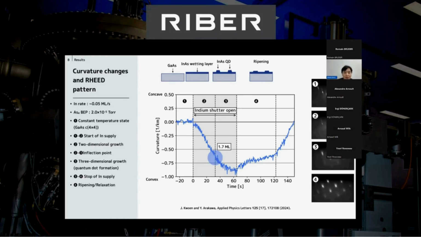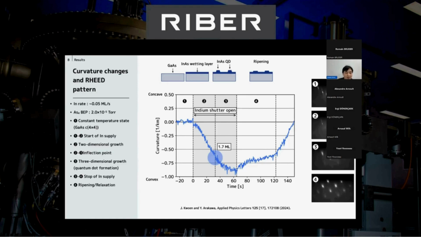When the shutter opens at number 2, indium is applied and the curvature decreases like this. At this time the RHEED pattern transitions to a by-3 streak pattern, indicating 2-dimensional growth of the indium wetting layer.